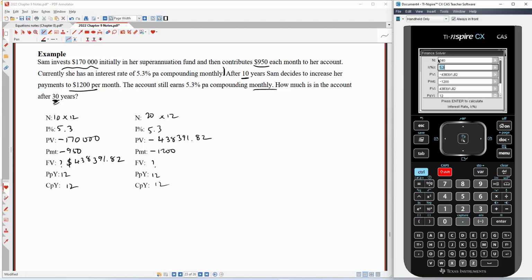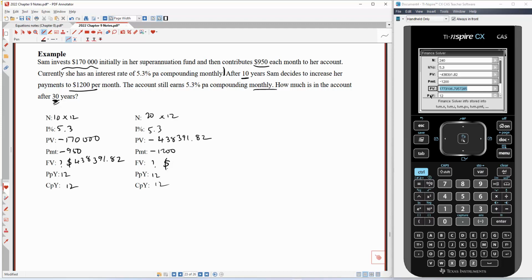So I'm just entering all those in again. Let's just check everything is correct. Okay, let's get the future value, which should have gone up significantly. And it certainly has, because she has got over $1 million, I think.